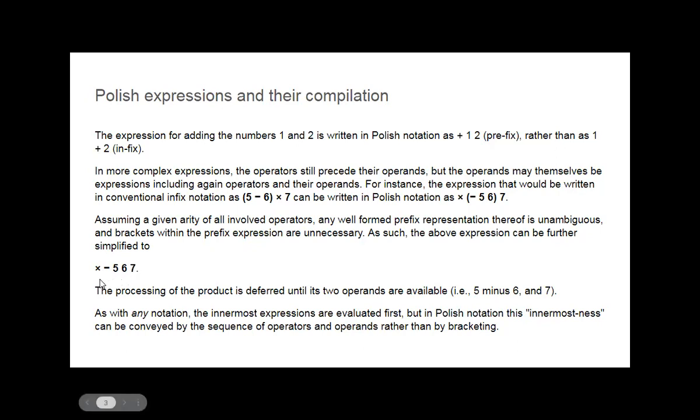The processing of the product is deferred until its two operands are available, that is 5 minus 6 and 7. Two operands are there for the multiplication sign, yes or no? The multiplication sign has two operands. First is 5 minus 6 and second is 7.